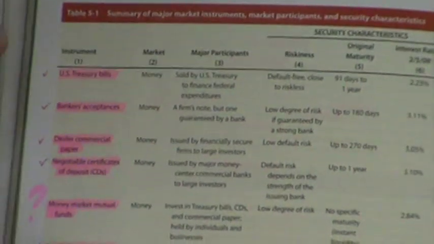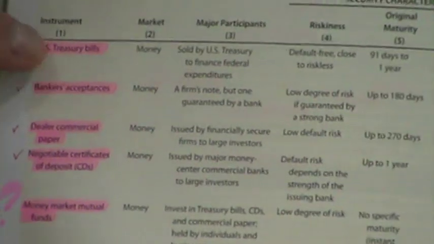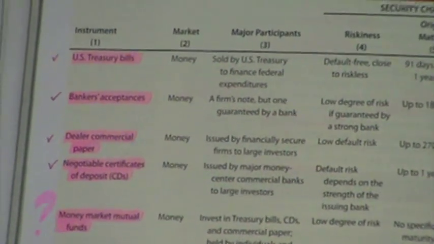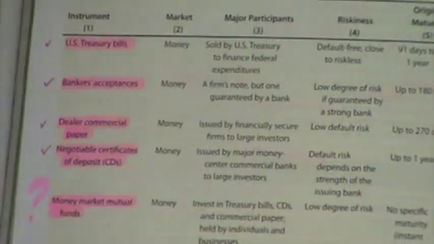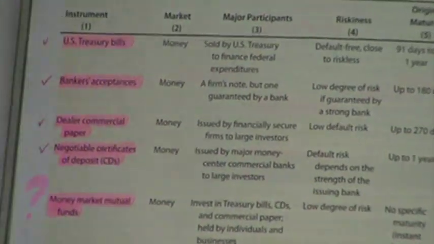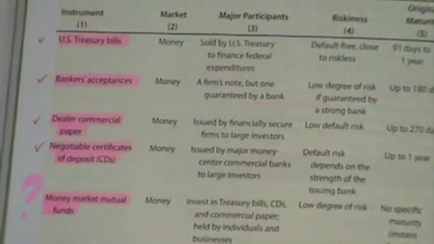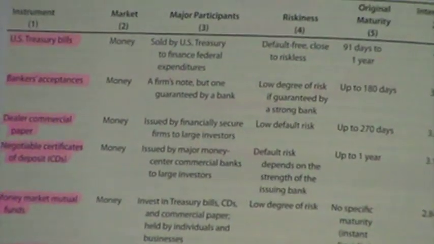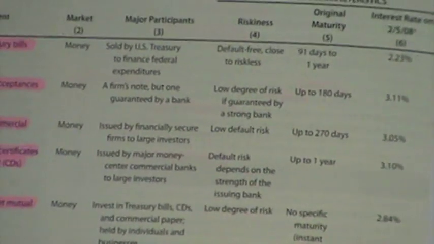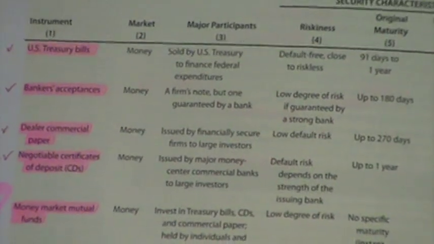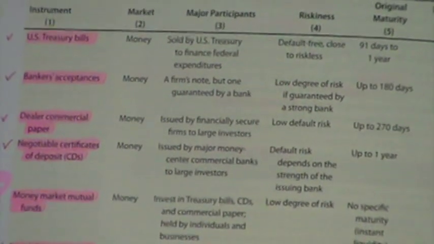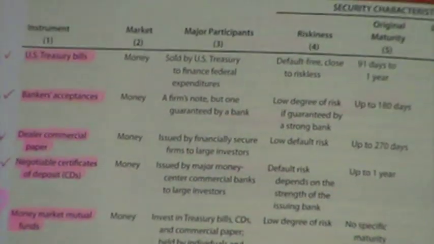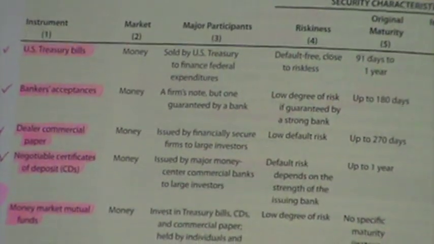And now you can look on instrument number 1, U.S. Treasury Bills. This is the same as Treasury Bill as I wrote it. And you can say, market, money market, as I explained. Number 2, sold by the U.S. Treasury. So, for every security, you need to know the issuer. You need to know the main investors, you need to know the maturity, and you need to know the risk, or the risk in return.